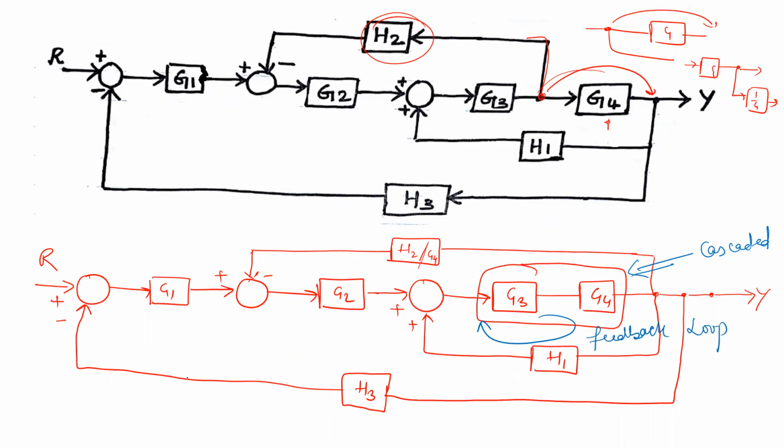Now this complete part can be replaced by a single block. So let us now draw the simplified version of this one. How will we draw? Let us see that.